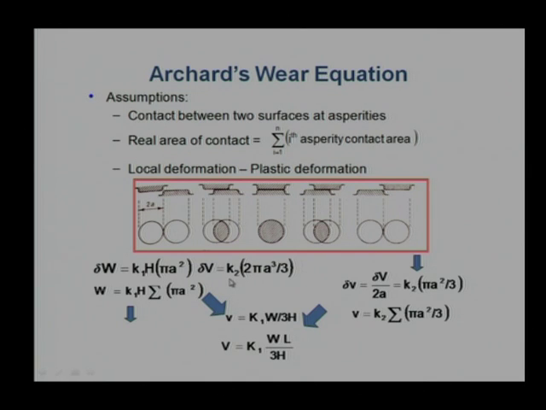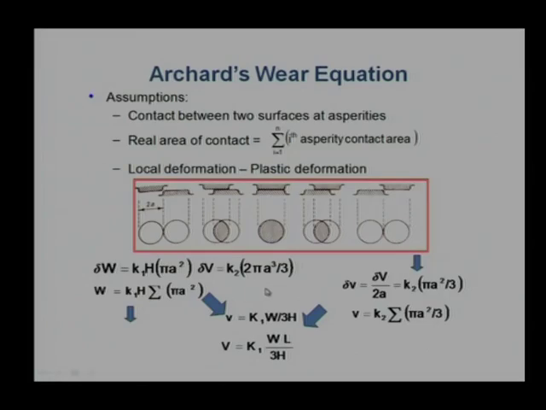This is the normal load which can be sustained or borne by the asperities. There is a possibility of wear of those asperities. That is given by delta volume, with another constant k2, and this is half of the volume, 2 pi a cube divided by 3. That is assuming half of the hemisphere will be removed from the surface.